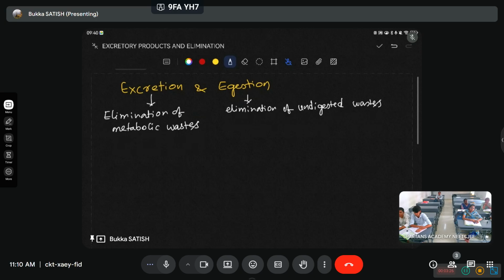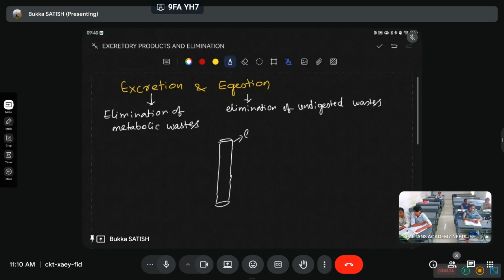See, for example, if you think about this digestive tract, let's say this is our GI tract, gastrointestinal tract. You have consumed cellulose and you have consumed starch. If these are present in the food that we have taken, as we know, starch will be digested to glucose in the digestive tract.